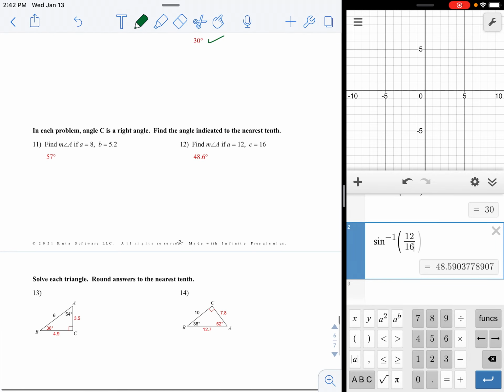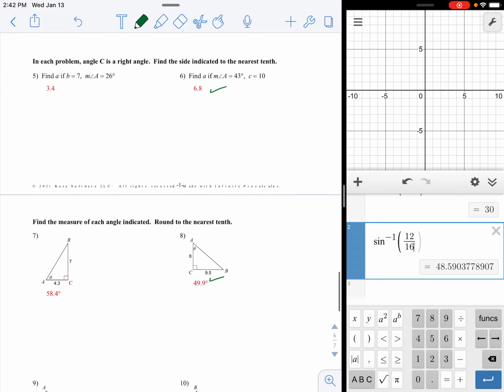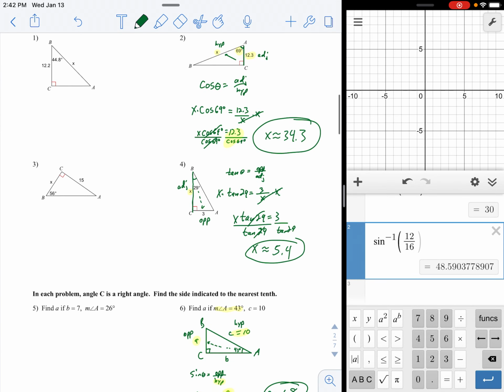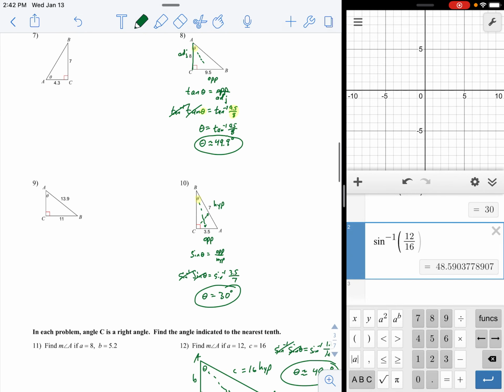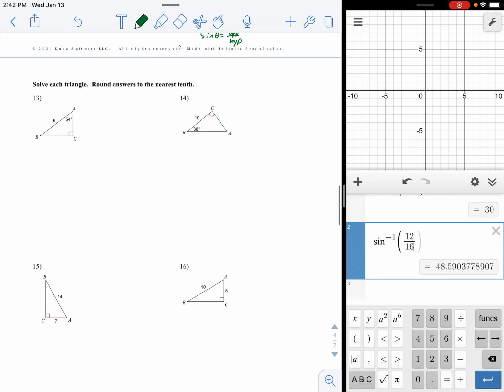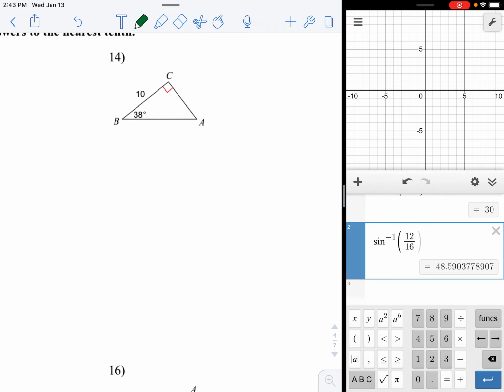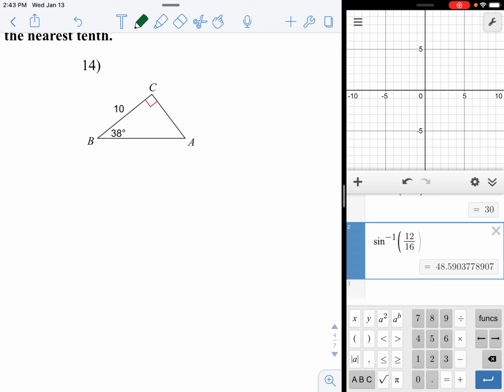Check number 12. Where is it? There we are. And it looks good. Okay, so first page in the worksheet, find a missing side. Second page of the worksheet, find a missing angle. The third page is to solve a triangle. Now, solving a triangle, look at it this way. Every triangle has 3 angles and 3 sides.